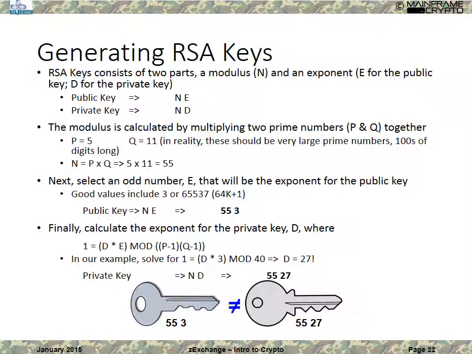I'm not going to go through solving that, but trust me that d is 27 in this case. 27 times 3 is 81, mod 40, which is 11 minus 1 times 5 minus 1. So 81 mod 40 is 1, and that solves the equation. So my private key is going to be 55, 27.